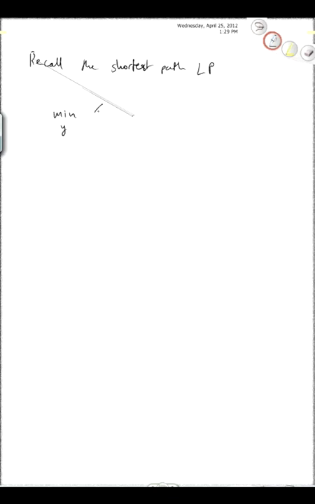Minimize over y's the sum of Cij Yij, subject to everything going into S minus everything going out of S is equal to -1. Then we had something similar for T, and something similar for all other nodes.